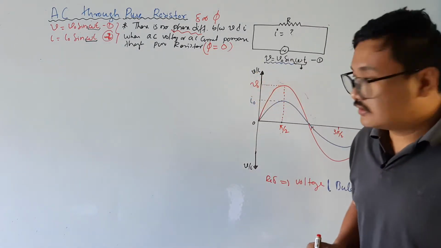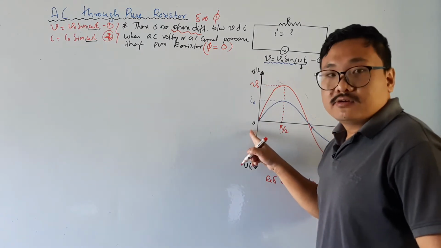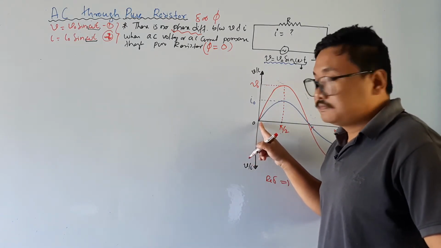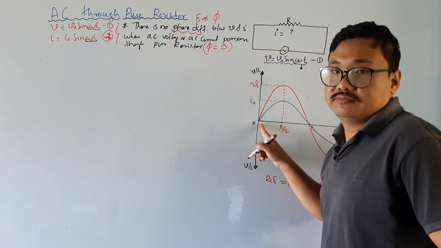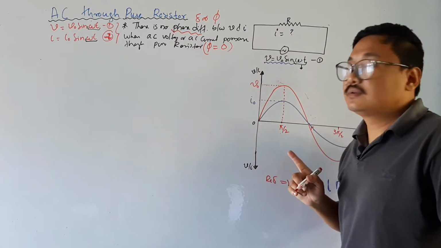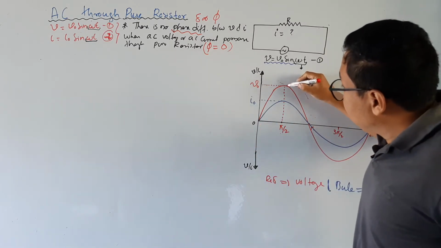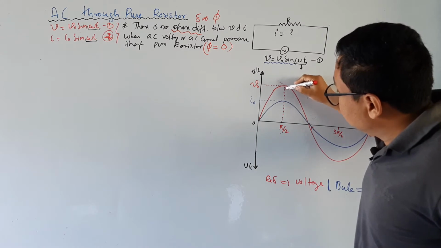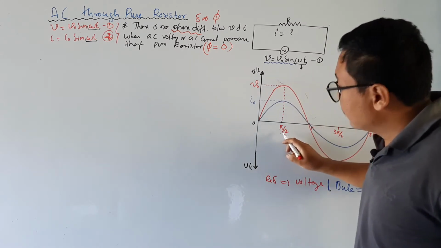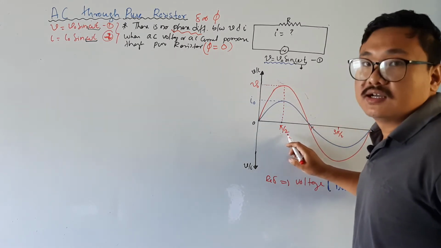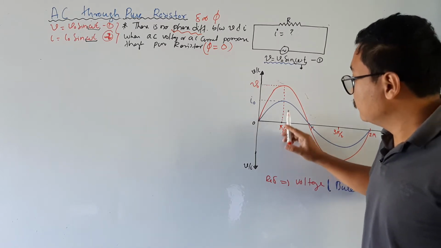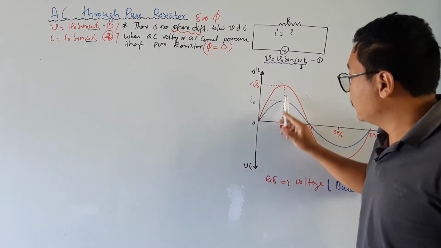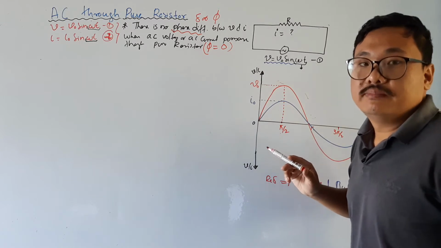Now if we see here, at 0 the current started from 0 and the voltage also started from 0. That is one noticing point. Another point: if I drop a line down at pi by 2, what is the value of current and voltage? At pi by 2, the current is maximum, and at pi by 2 the voltage is also maximum.